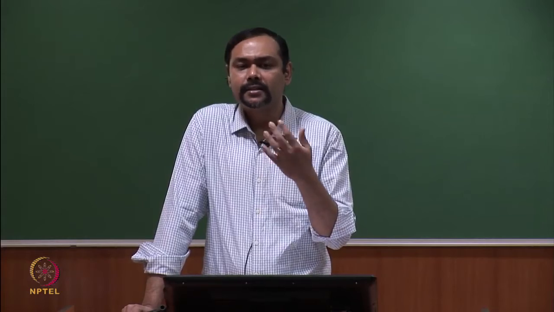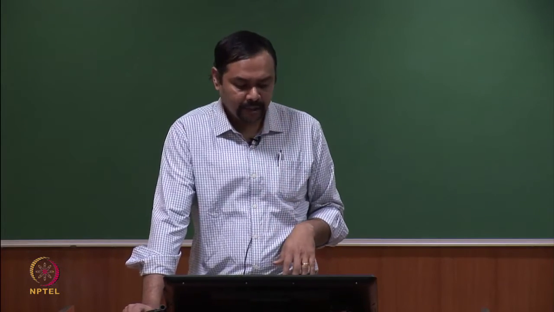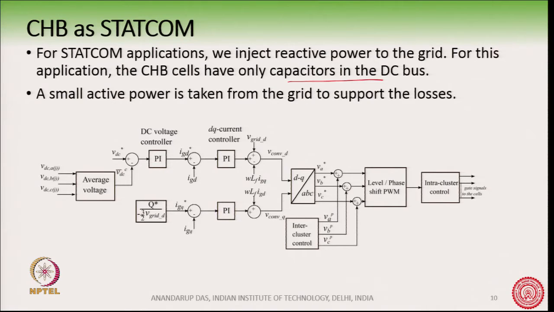So, you will need a certain amount of active power from the grid for a certain time. And apart from that you have losses in the devices and you want to compensate for those losses. So, a small active power is taken from the grid to support losses or during transient conditions.